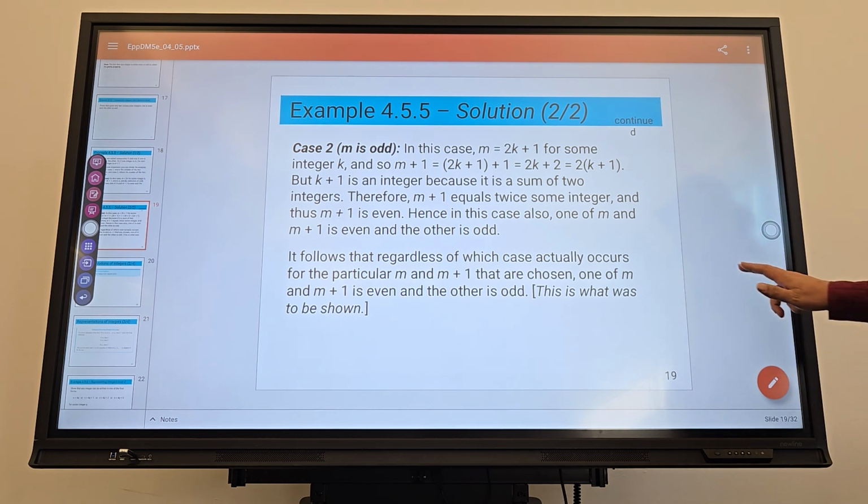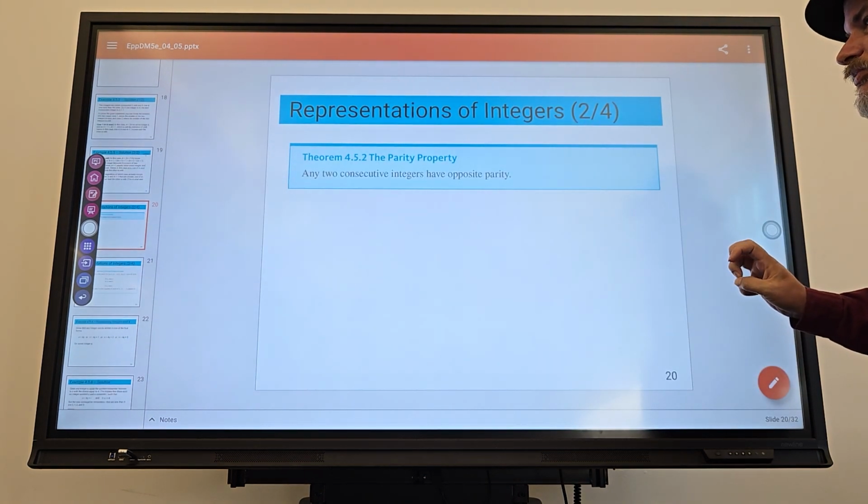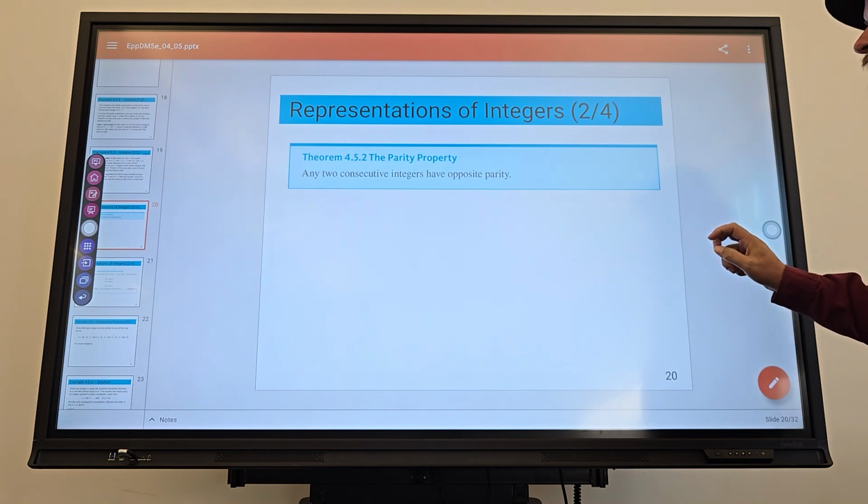So that was what we were trying to show. So theorem 4.5.2 is that any two consecutive integers have opposite parity.